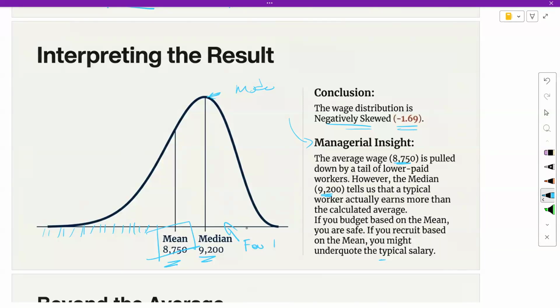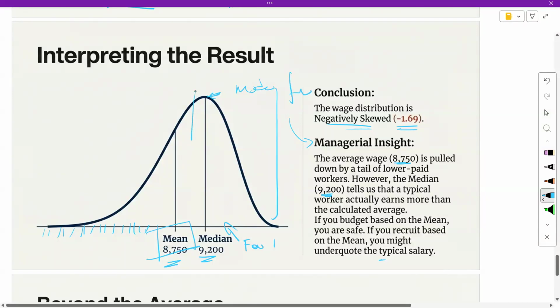Here the vertical axis is the frequency. When you look at this, a higher number of people are getting higher wages.